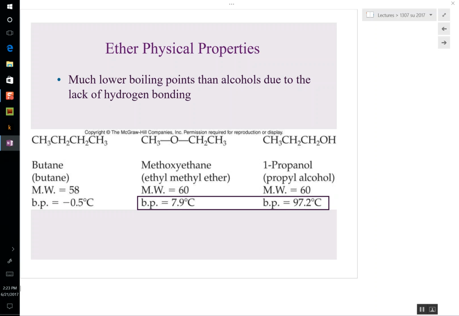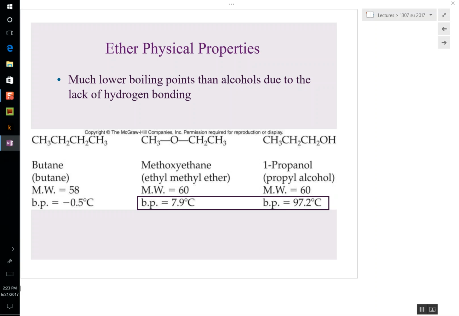Well, obviously, other things aren't equal. This boils at about 0. This boils at almost 100. 100 degrees higher, because of that H on that oxygen being polar makes that molecule have an attraction for the other molecules around it, like itself, and it takes energy to break that attraction and get it to boil.